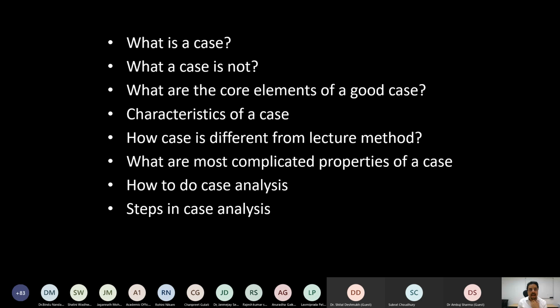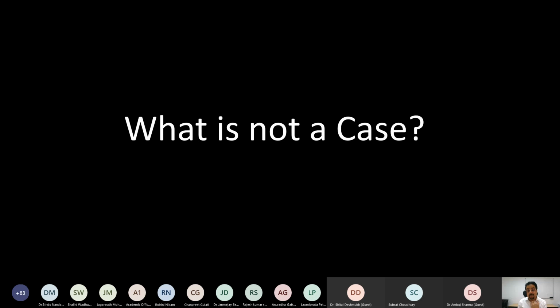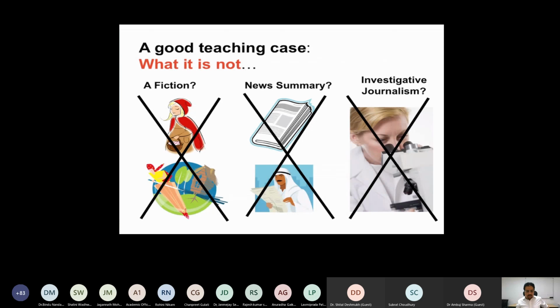Okay, so I'll start with what is not a case. Let me tell you, a case is something which has really happened. A case is not a figment of your imagination, and it's not a cock and bull kind of story.